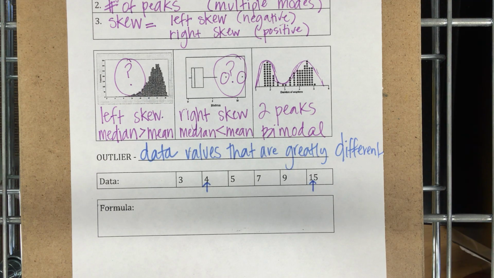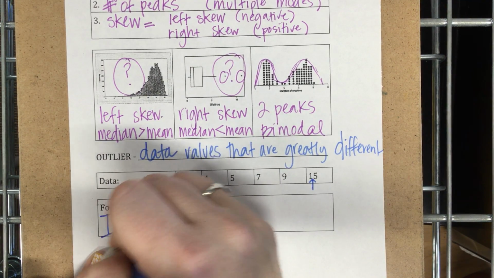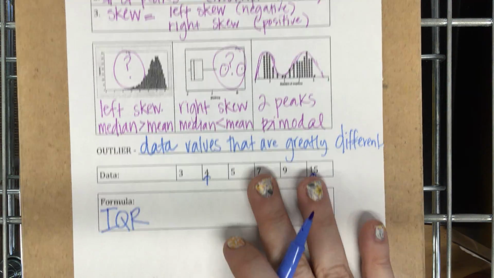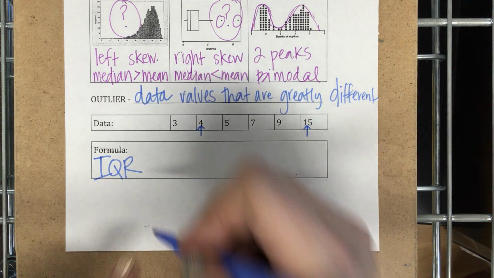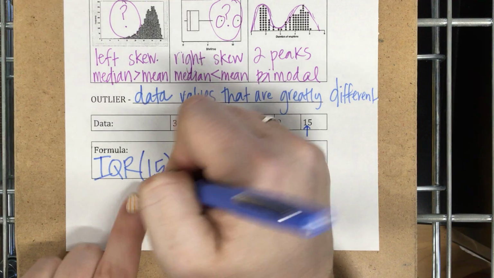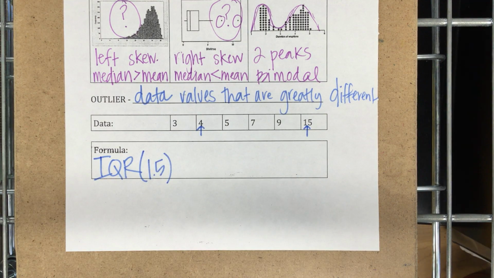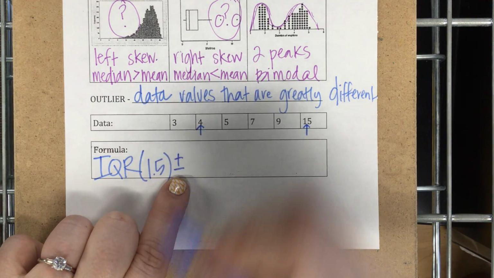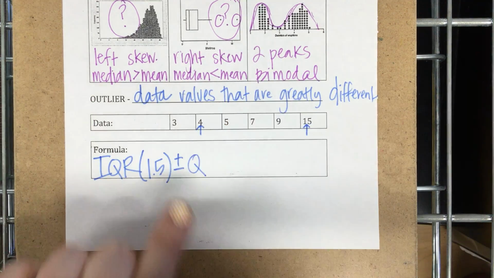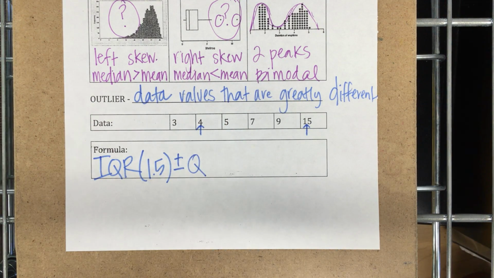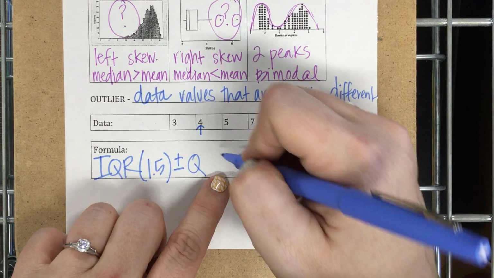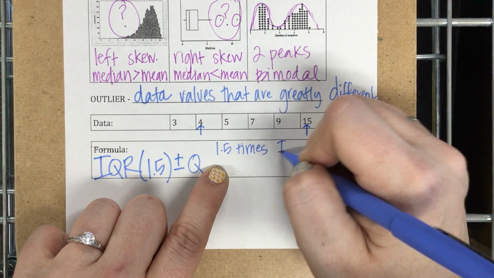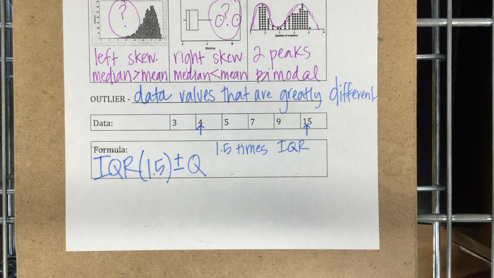So we have a formula we use, and the formula is as follows. The IQR, which stands for interquartile range, times 1.5, which is 150%, plus or minus the quartile. So we do 1.5 times the interquartile range, and we get an answer.